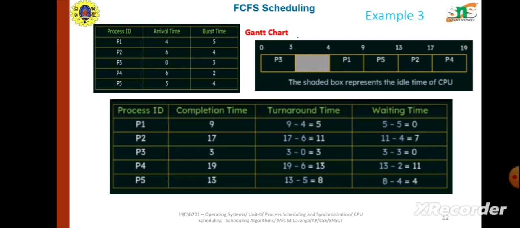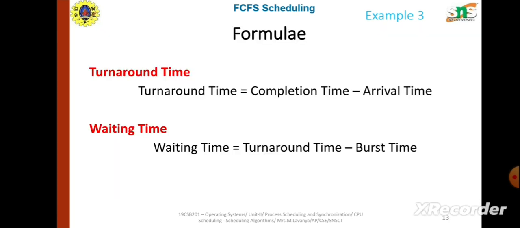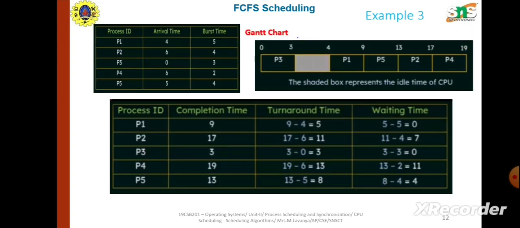Then next we are going to find the waiting time of all these processes. The formula we are using is waiting time equals turnaround time minus burst time. So for process P1, the turnaround time is 5 minus its burst time 5. 5 minus 5 equals 0.